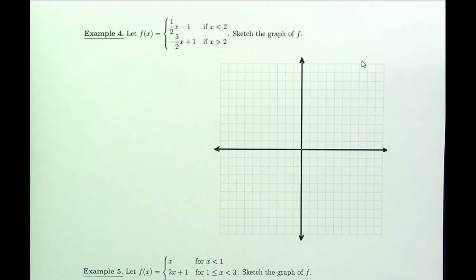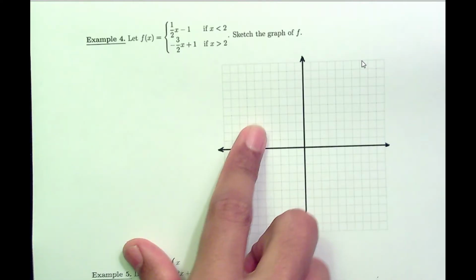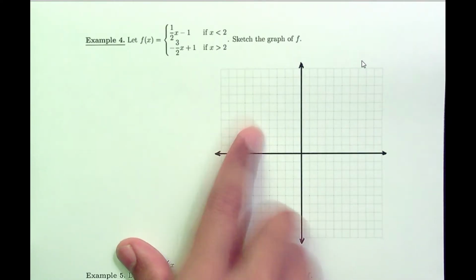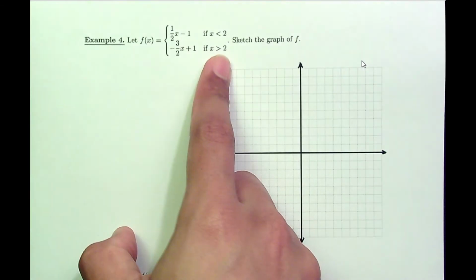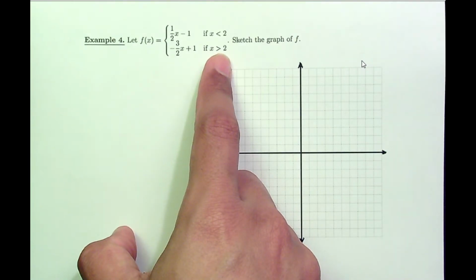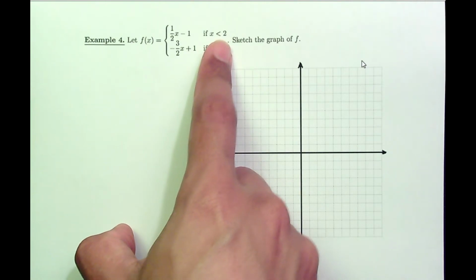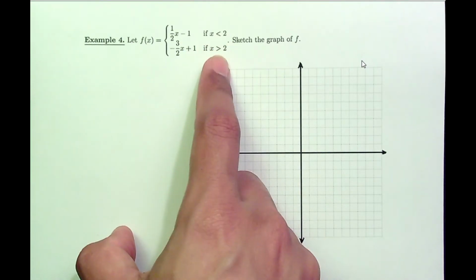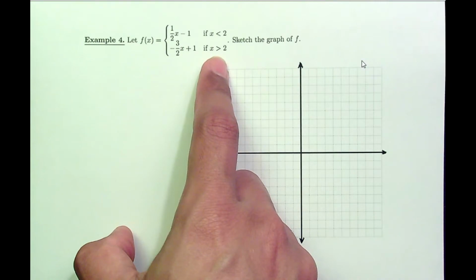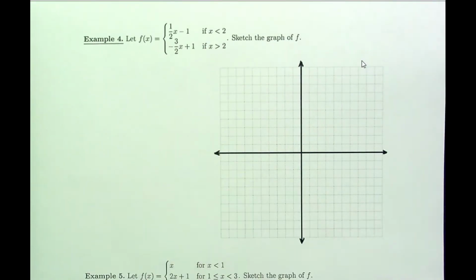Okay, so let's sketch this one. Note that this one is broken up right at 2. So all the numbers from minus infinity up to 2, 2 is not included. And then all the numbers from 2 and bigger, so from 2 to infinity, and 2 is not included either. So 2 is not included in either one of them.